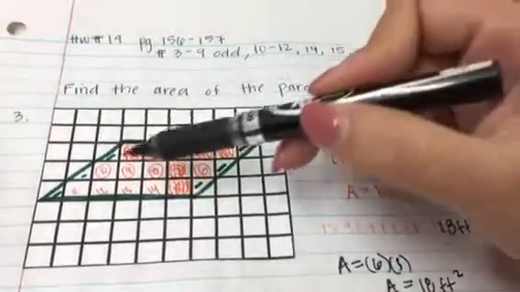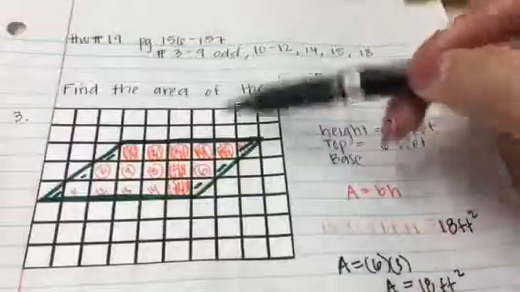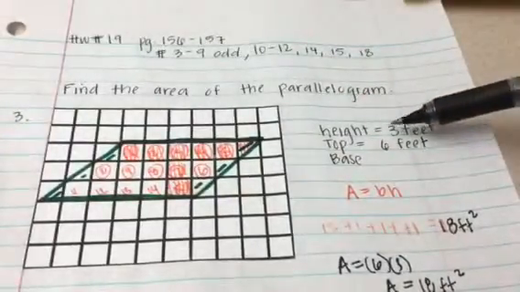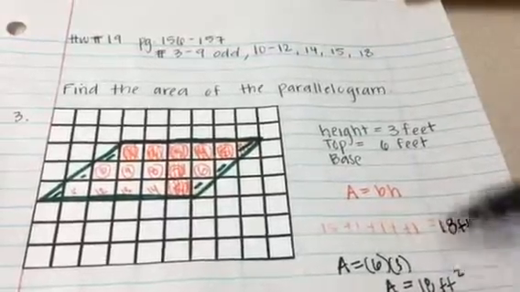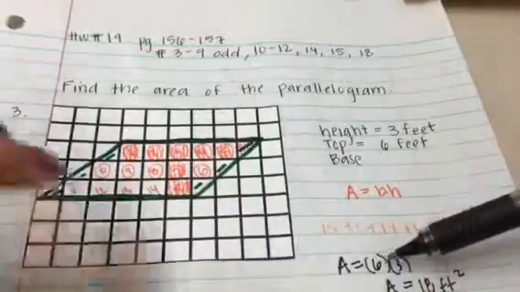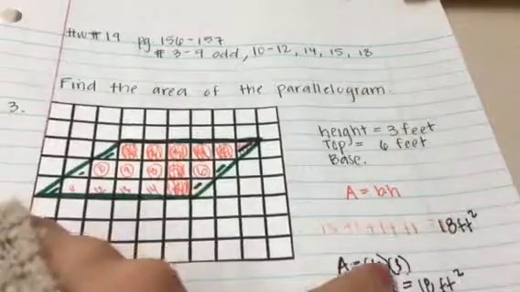So one way is by counting all of the little squares that we have inside and using a grid and drawing that parallelogram according to the dimensions that were given by the problem. Or another way is just by using the formula. A equals B times H, and then just plugging in the numbers. 6 for the base and 3 for the height.